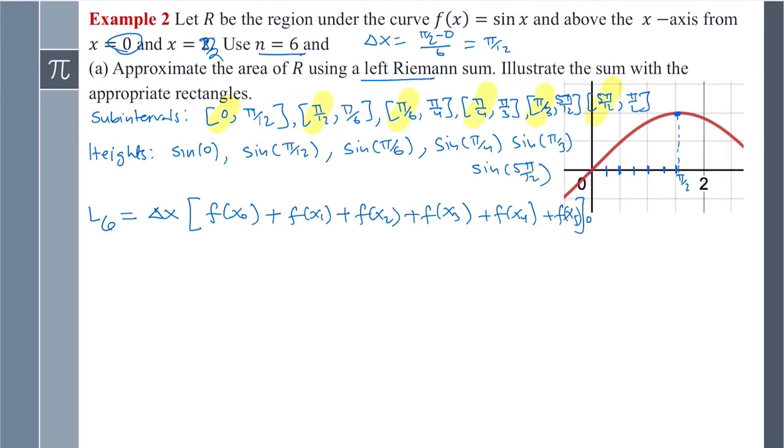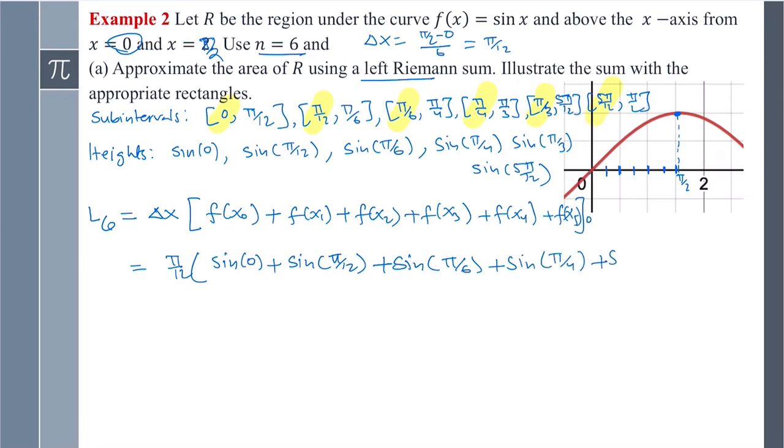We start at 0. So now delta x is pi over 12. Then this is sine of 0 plus sine of pi over 12 plus sine of pi over 6 plus sine of pi over 4 plus sine of pi over 3 plus sine of 5 pi over 12.